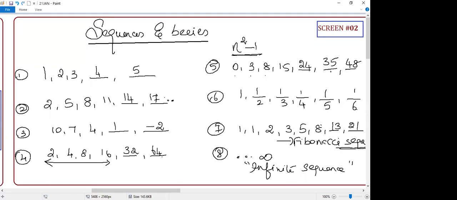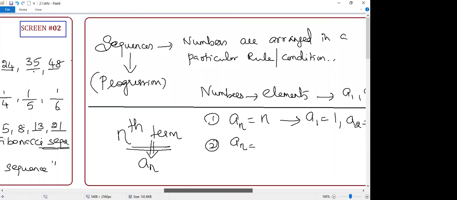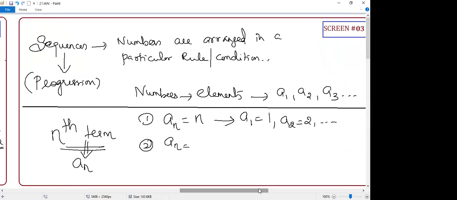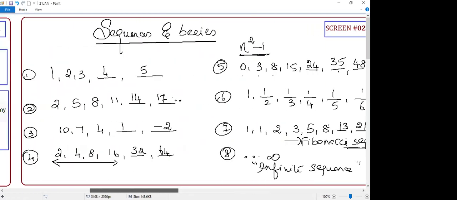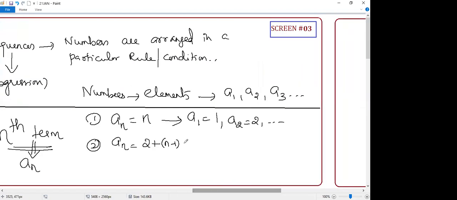Sir, can you repeat, sir? Sir, I don't understand. Yeah, that's what I want. Maybe I'll write now, then you guys will understand. If I write 2 plus (n minus 1) into 3, or 1 plus... this we are going to learn in detail, students.